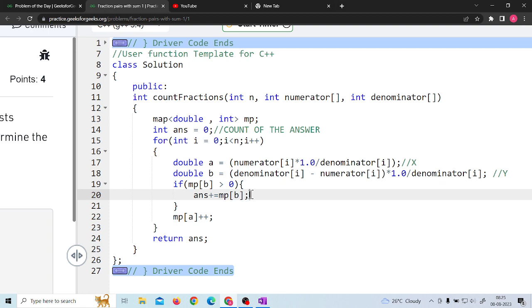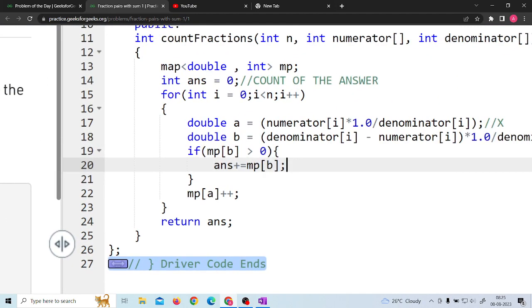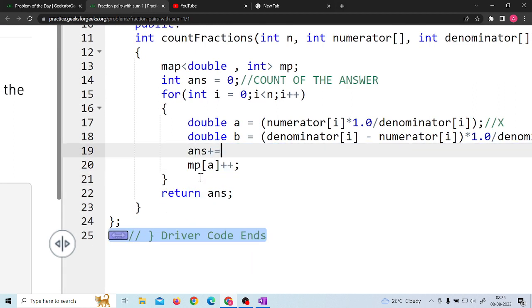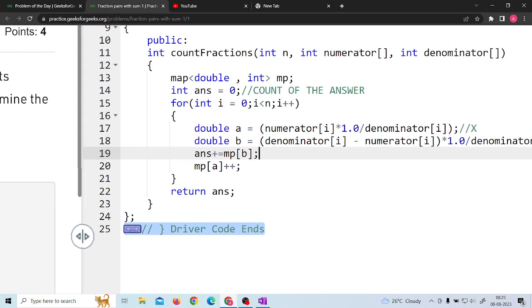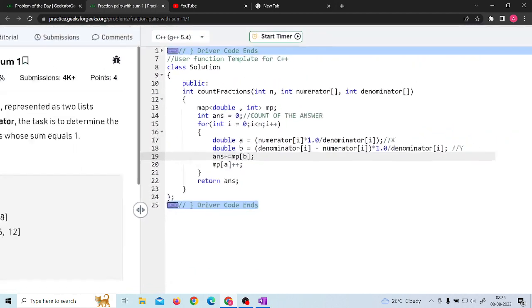And finally I am simply increasing the frequency of a and eventually returning the answer. Also this if clause is not needed. In case the frequency of b is not present, I will add 0, and if it is present, we will simply add it to the answer.